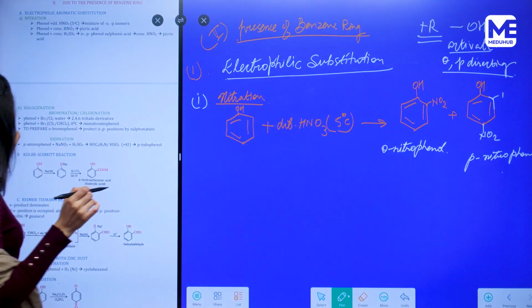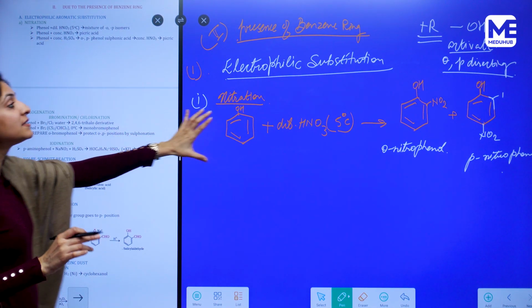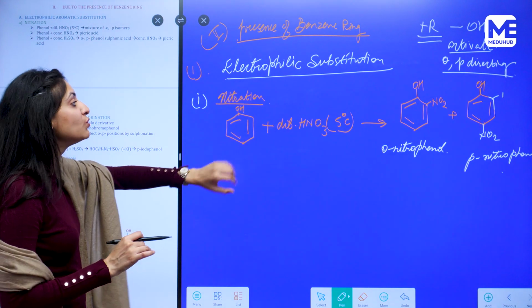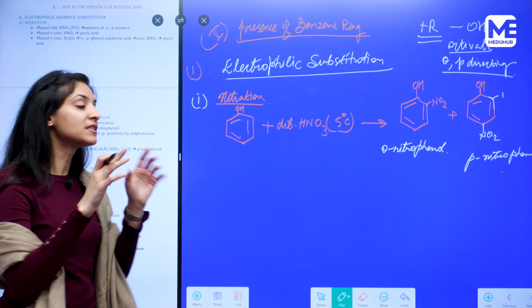What happens if we treat phenol with concentrated nitric acid? Because the ring is highly activated and we use concentrated nitric acid, all the ortho and para positions get substituted.